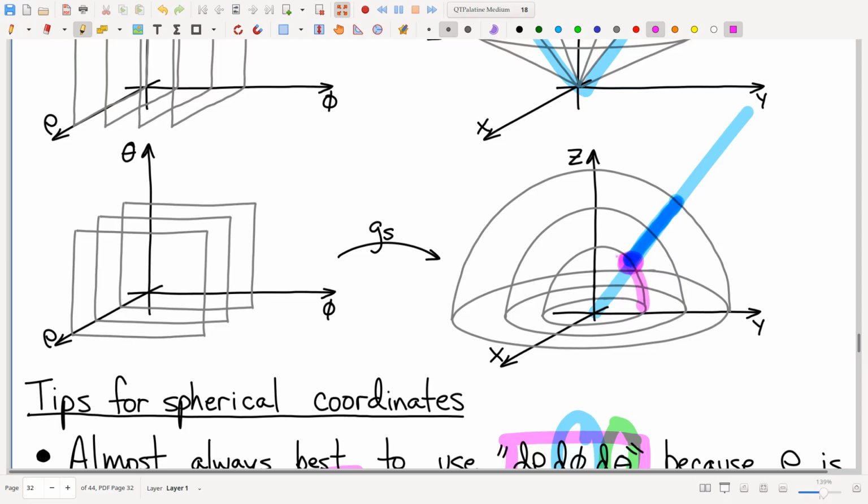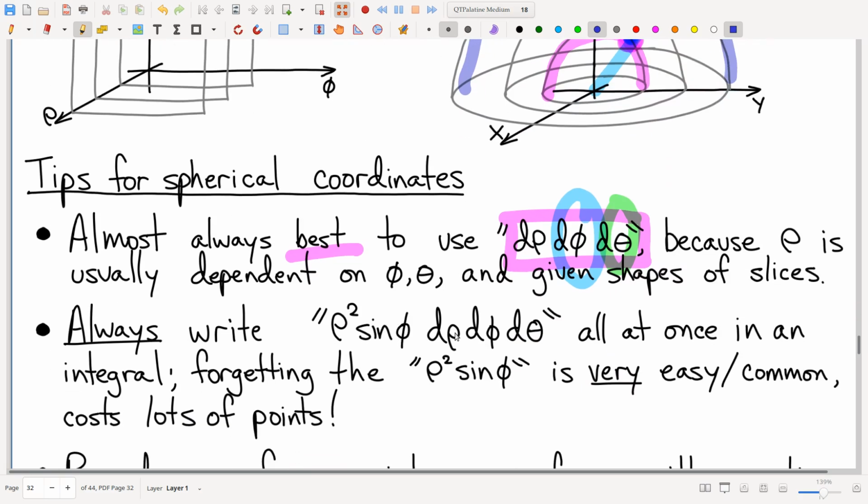Well, that's going to be some value of rho. And then where does rho end? That's going to be some other value of rho. So in fact, in practice, if you keep your differentials in exactly this order, the slicing process is actually pretty straightforward, geometrically and artistically.